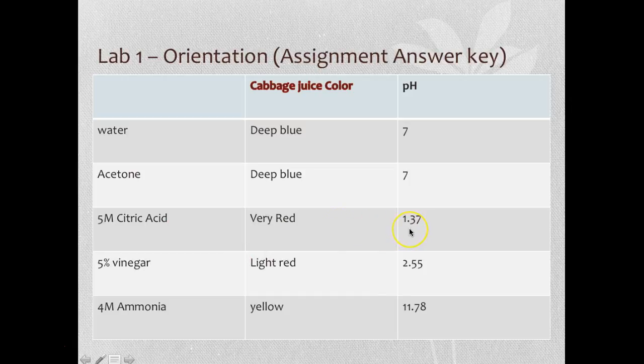And the citric acid is 1.37 compared to vinegar, which is 2.55. So that difference in number shows that the citric acid is a lot more acidic, a bit of a stronger acid compared to vinegar. The ammonia, which is a base, is yellow, and so it has a higher pH, 11.78.